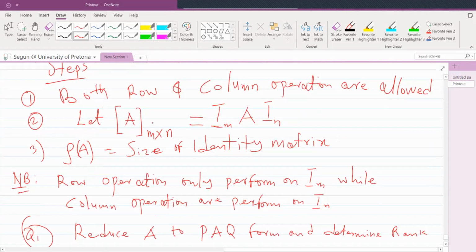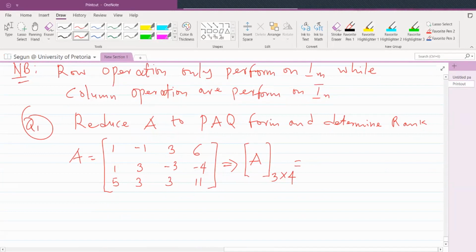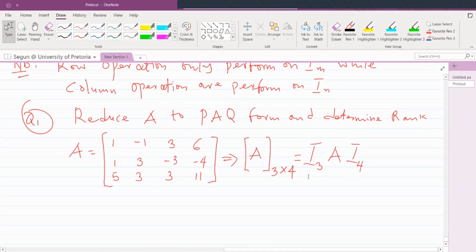Meaning that I can now write my formula. Remember the formula from up here. This is what we are going to work with. My I subscript M will be I3, A, then I4.